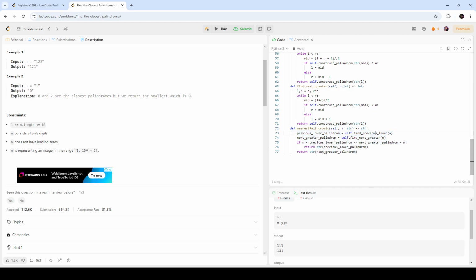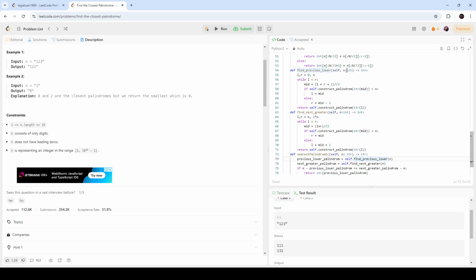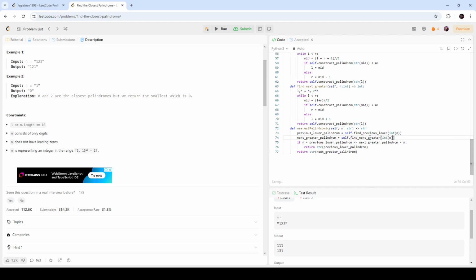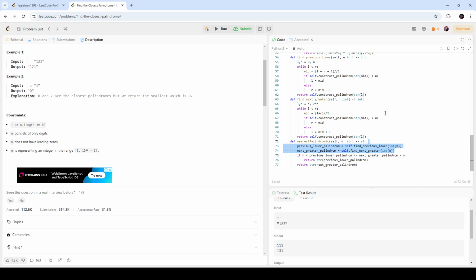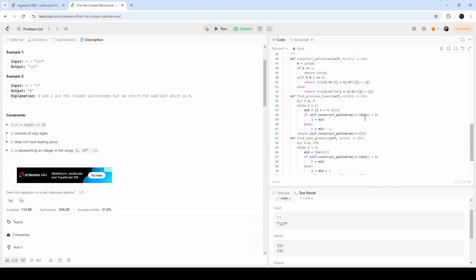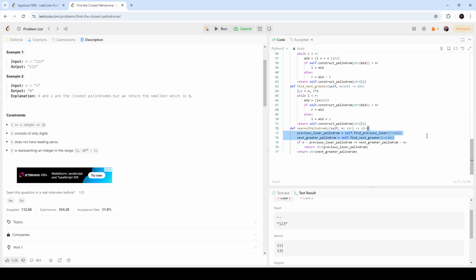So we need the previous lower palindrome, which is called self.find previous lower. And this guy takes a parameter n of type integer. This guy is actually a string, right? So we need to convert it to integer. Also this guy. So these two guys are going to yield an output of type integer, right?